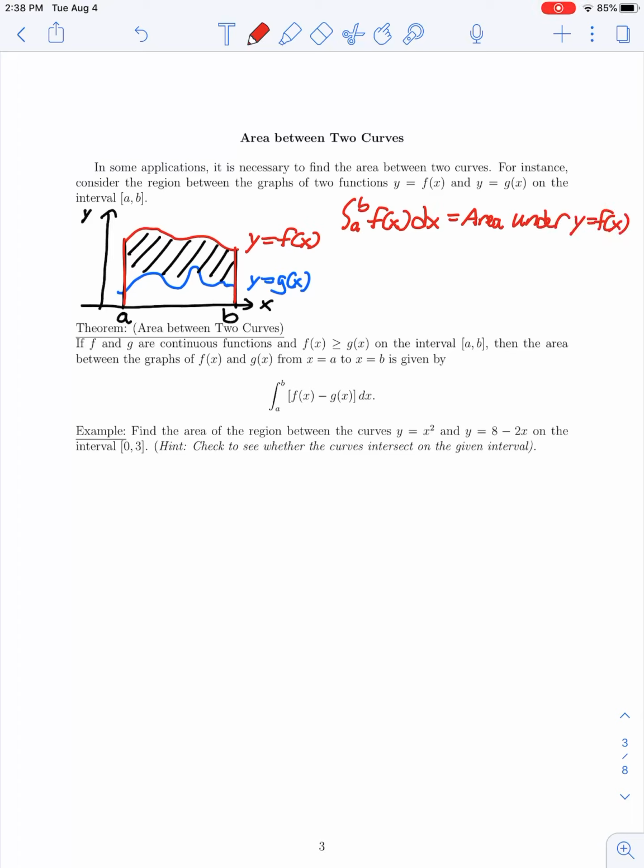And if I were to then consider just the area under the graph of g of x, that would be given by the definite integral of g of x over our interval.